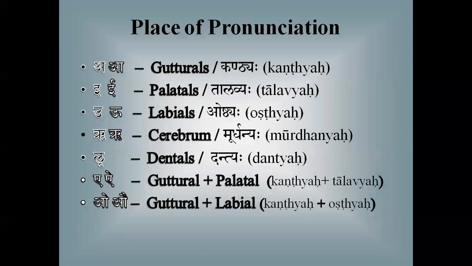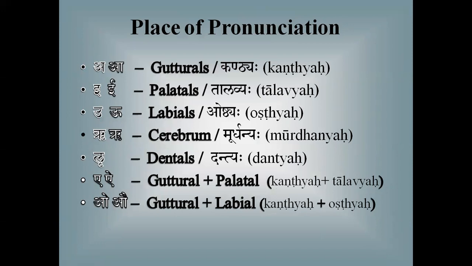And we very well know the place of pronunciation of the vowels. A and A, both the Rasva and Dirgha, they are gutturals. In Samskrtam, gutturals are called Kantyaha. So you can try to remember the Samskrita words. Kantyaha. E and E, palatals. Talavyaha. Kantyaha, Talavyaha.